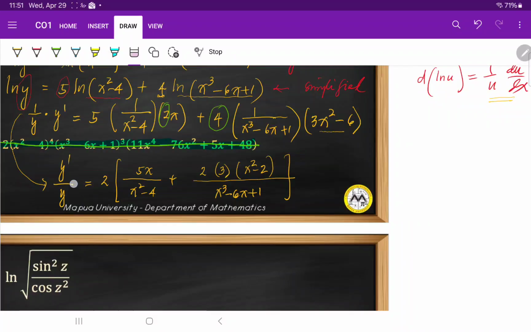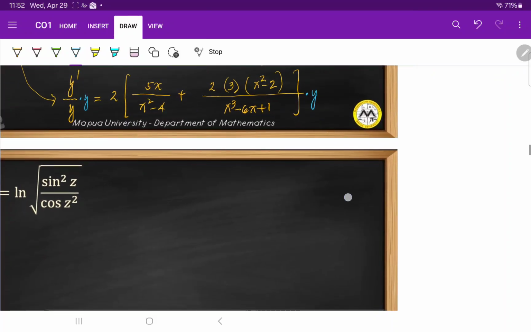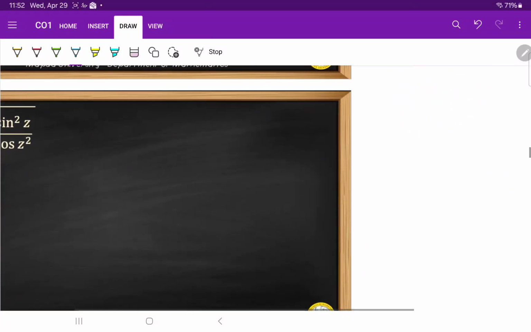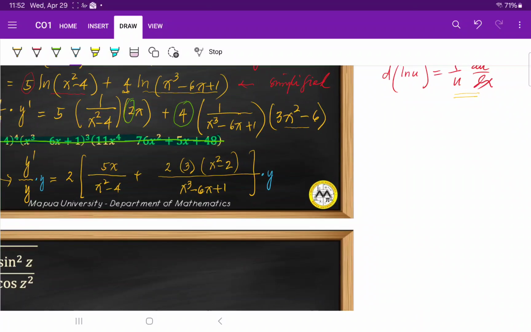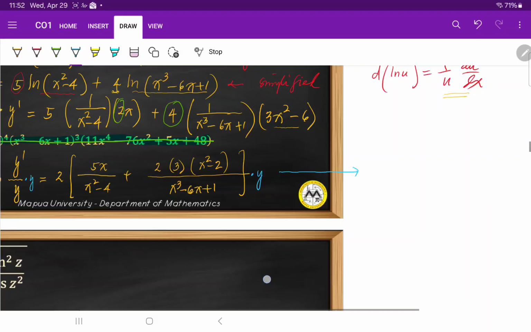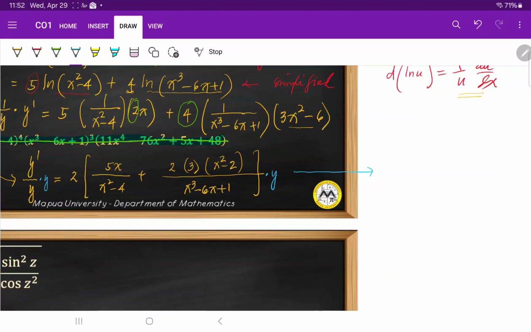If you multiply this side by y, and this by y, we multiply this also by y. We multiply the left and right side by y. When we multiply both sides by y, this now becomes what?